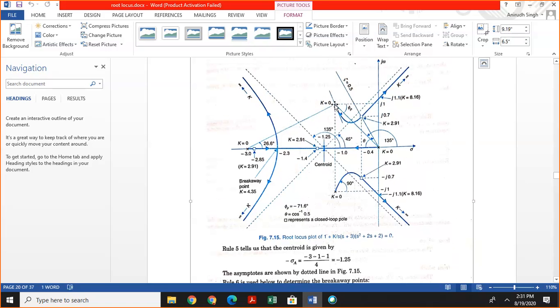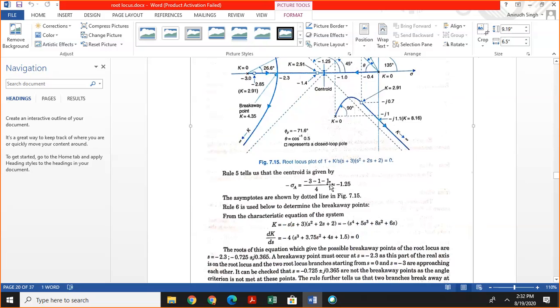Suppose we have to calculate the angle of departure at this pole. Then this pole subtends 90 degrees, this pole subtends 135 degrees, and this pole subtends 26.6 degrees at this pole.